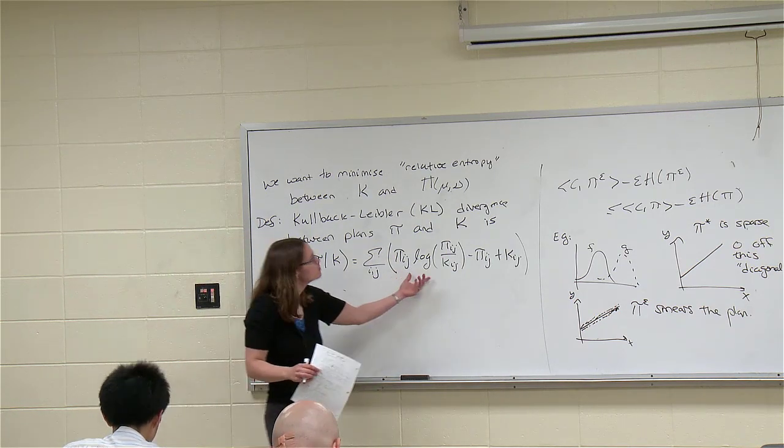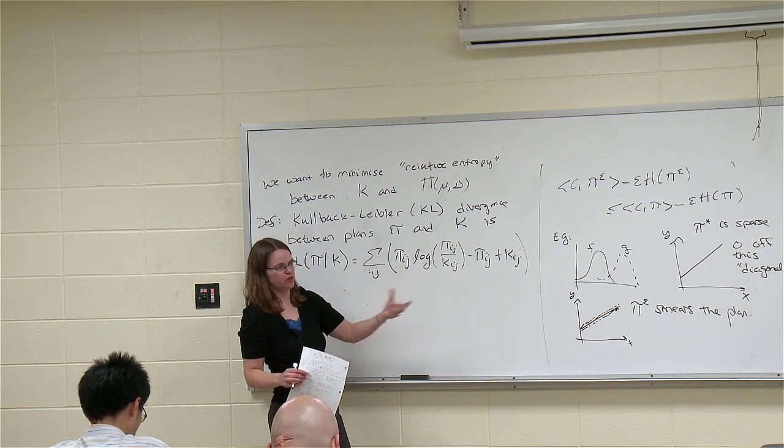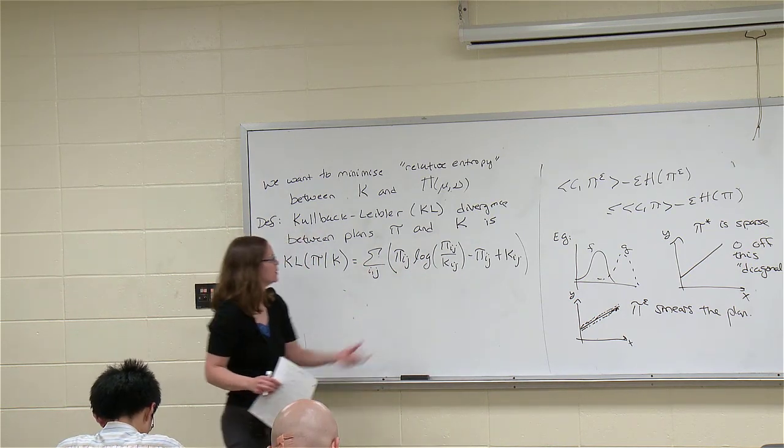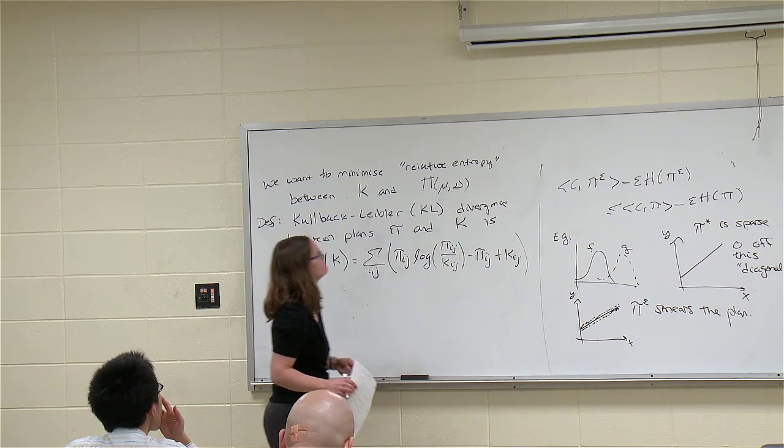All right, this certainly has some structure in common with the entropy that we used before to regularize. We've got our pi log pi minus pi that showed up before.